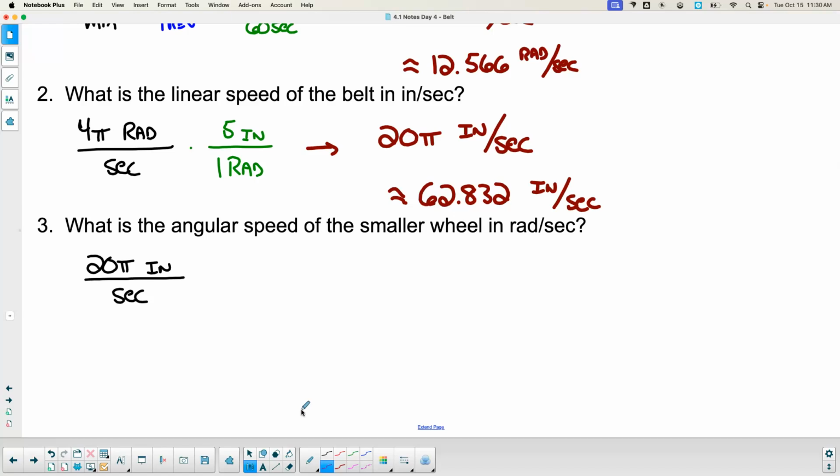So now, the smaller pulley has a 2-inch radius. So it is traveling at 10 pi radians per second.